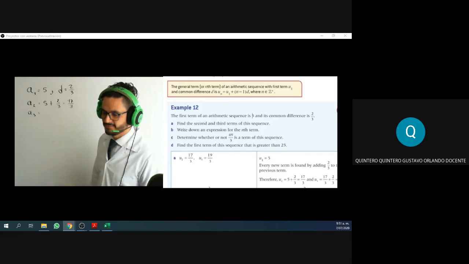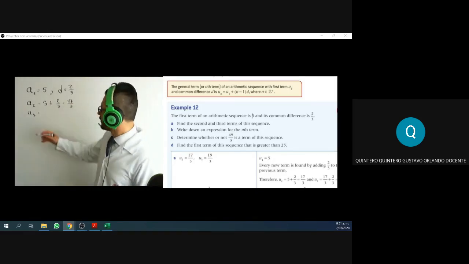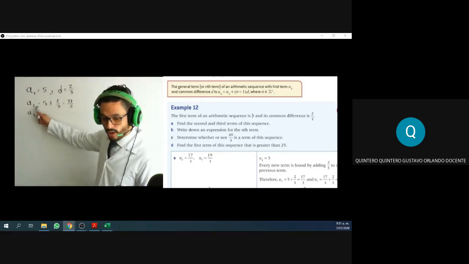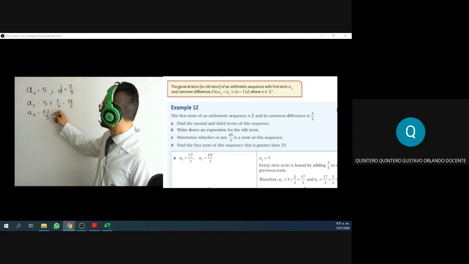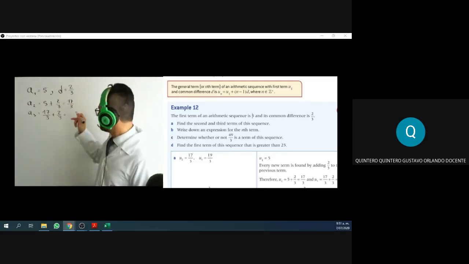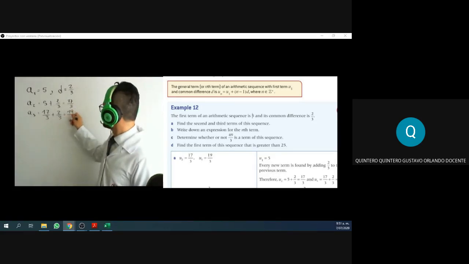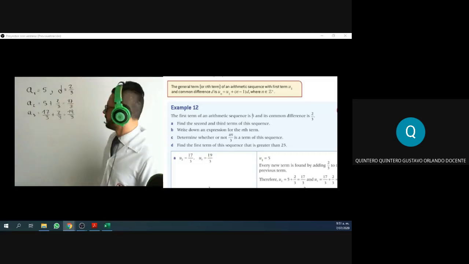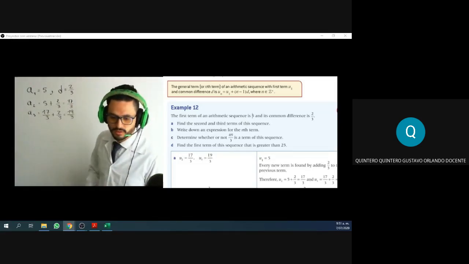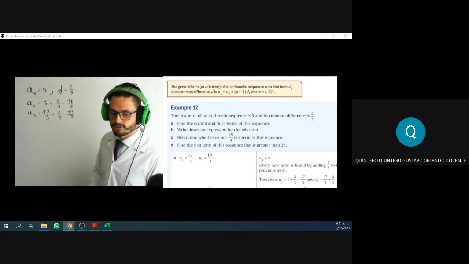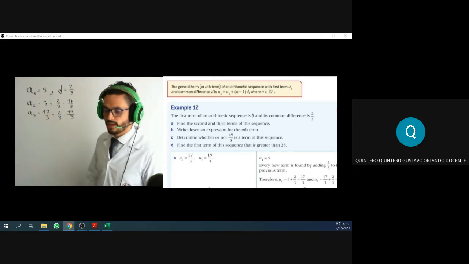Thank you, Tefa. Beautiful. For the next one, take the past one, 17 over 3, and add the difference, 2 over 3. So we can do this immediately. This is 19 over 3. Okay, we have our first three terms, A1, A2, and A3.